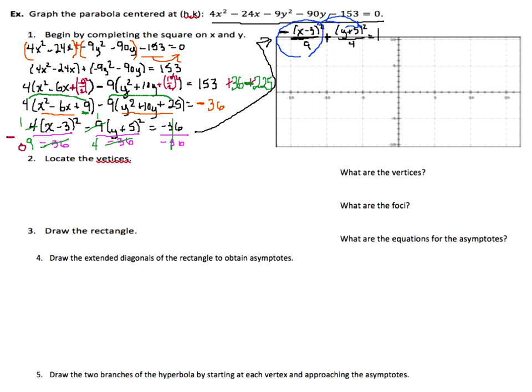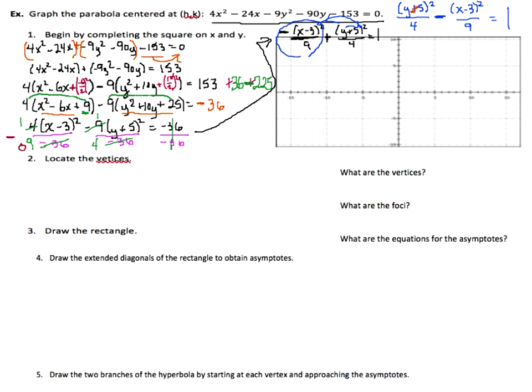So my standard form is y plus 5 squared divided by 4 minus x minus 3 squared divided by 9, and that equals 1. And I'll just point out that that y plus 5 is really y minus negative 5.